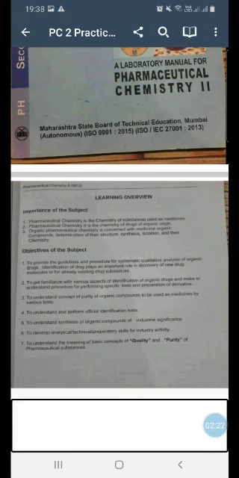Then experiment numbers 4, 5, 6, 7, 8, 9, 10, 11, 12 and 13, so around these 11 experiments, from experiment number 4 onwards till experiment number 13, are titled as to identify the given organic drug by systematic qualitative analysis.